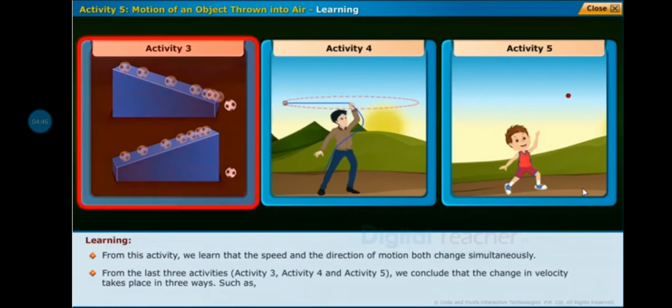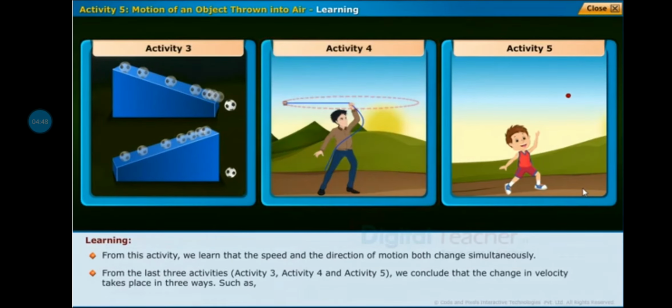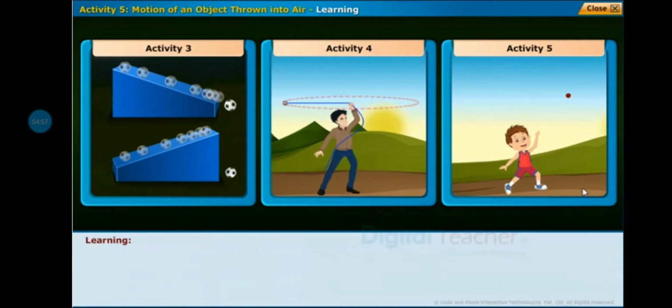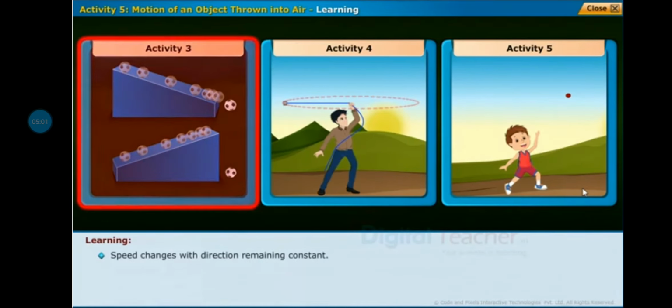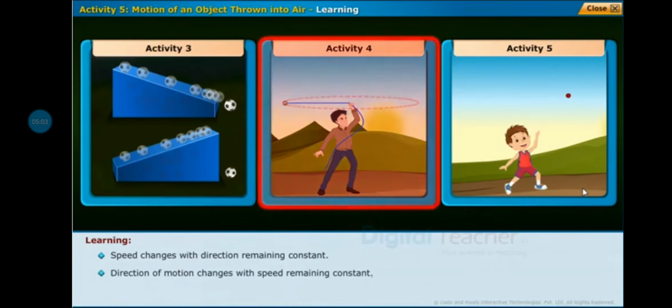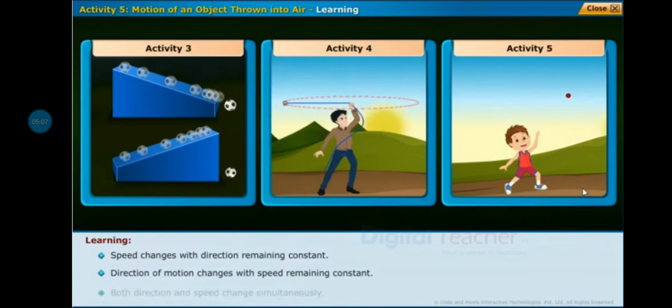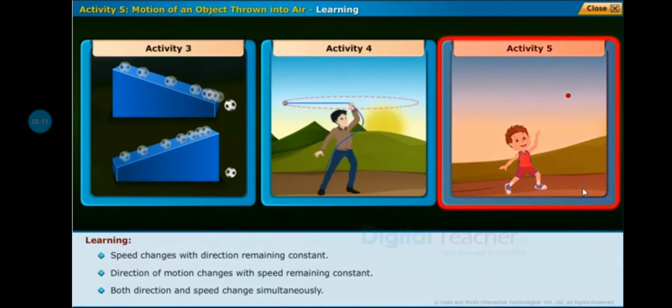From the last three activities, we concluded that changes in velocity take place in three ways: speed changes with the direction remaining constant, direction of motion changes with the speed remaining constant, and both direction and speed change simultaneously.